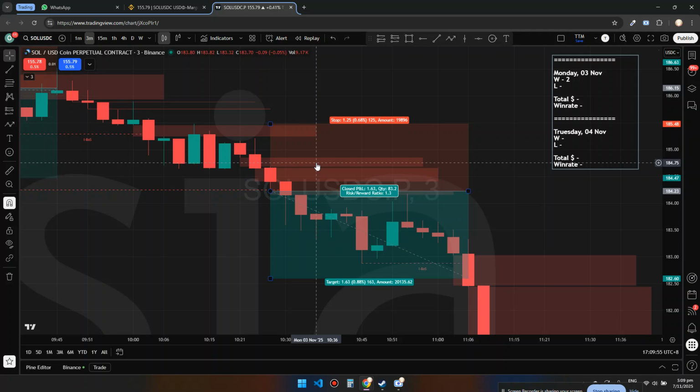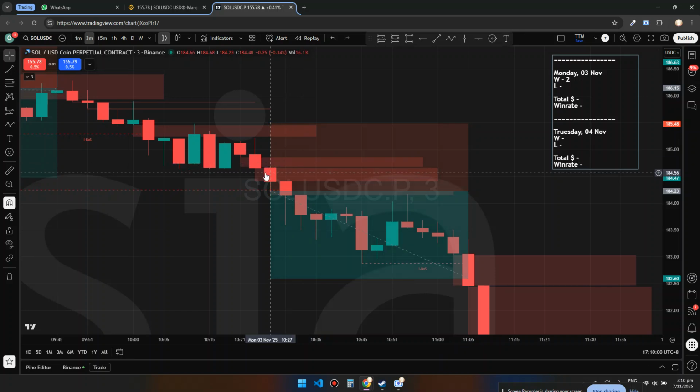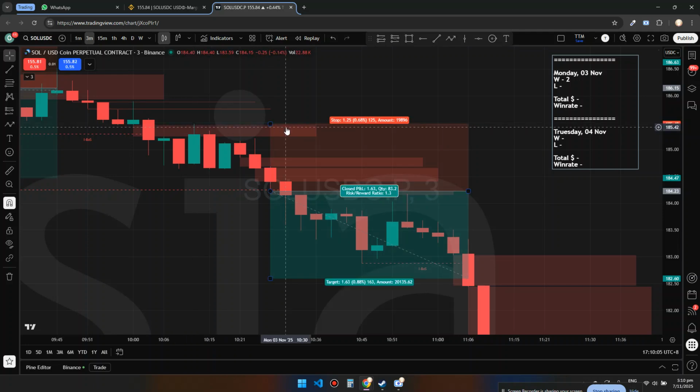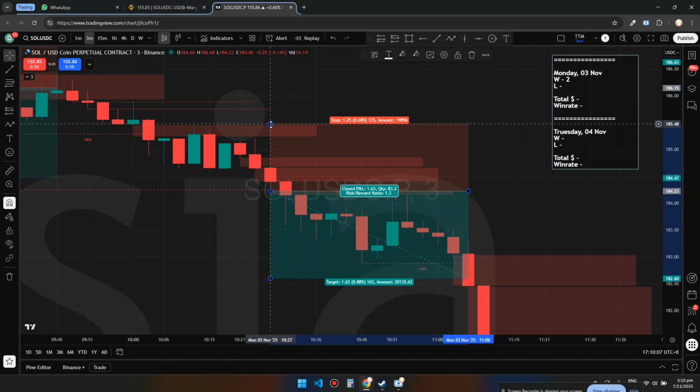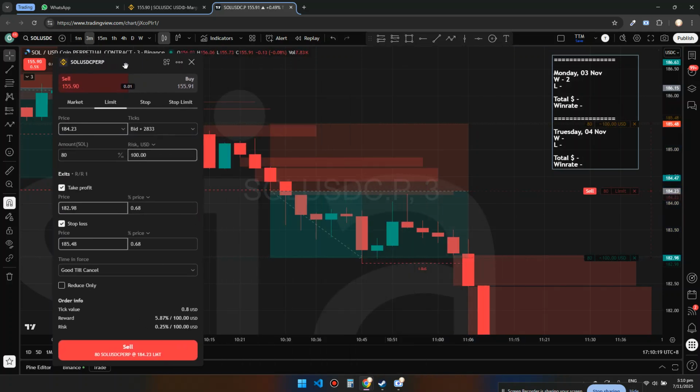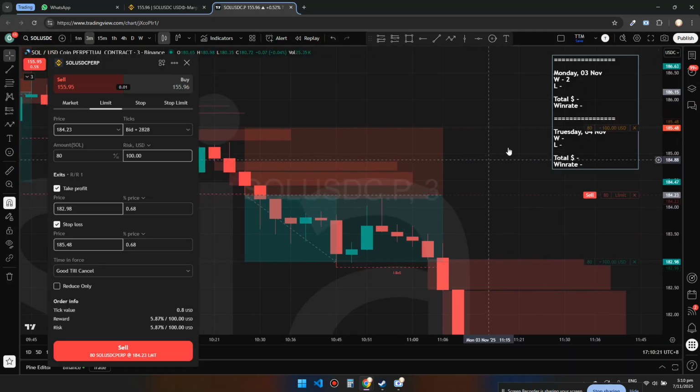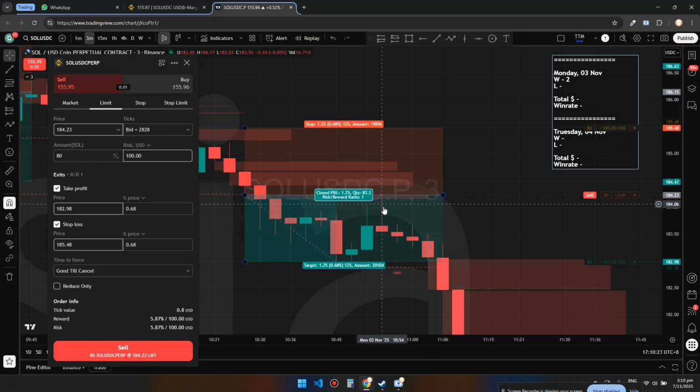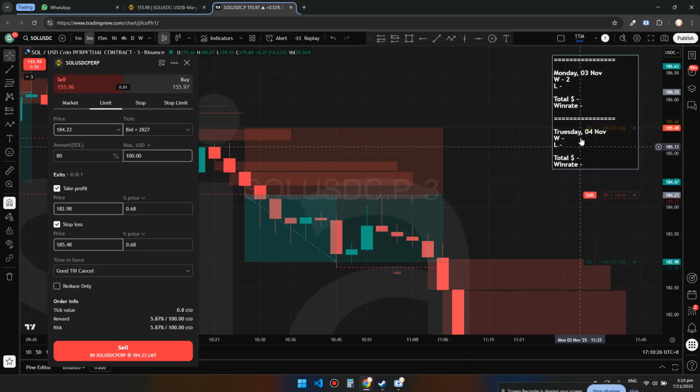Because these two fair value gaps are very close to the price. So I just put at the top, the third fair value gap here. And then I'll just aim for a 1-to-1 risk ratio. And then create limit order. So if price moves above, I will lose 100. If price goes below, I win 100. So this is my third win for the day.